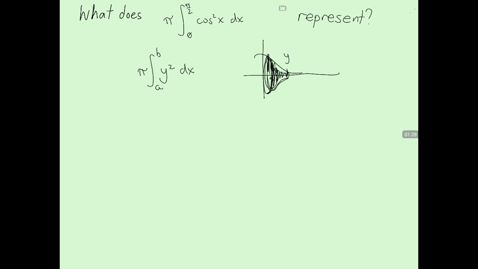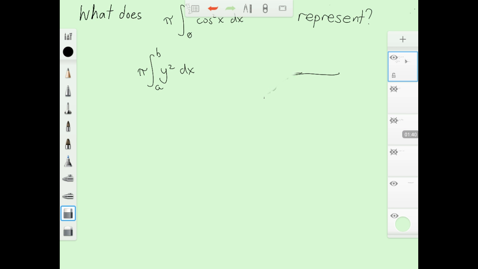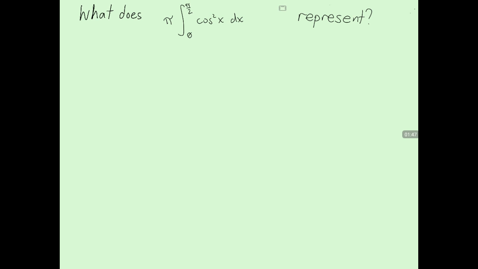Now here I've just drawn some random function, but if we were to arrange this into this form, then we can get perhaps a better understanding of what this integral is trying to accomplish. So right now we're going to see if we can do that. Right now we see pi cos squared x.